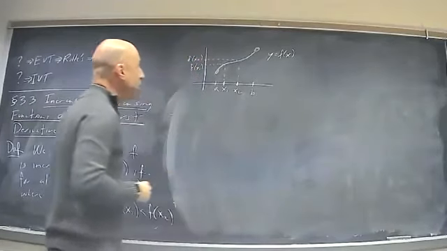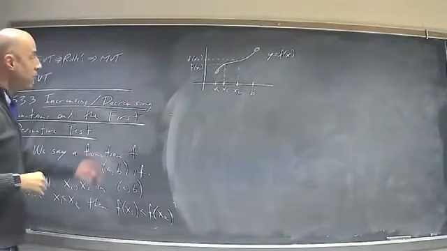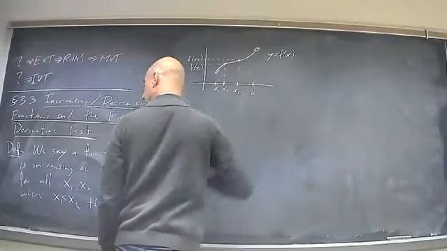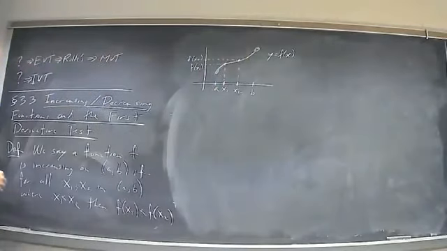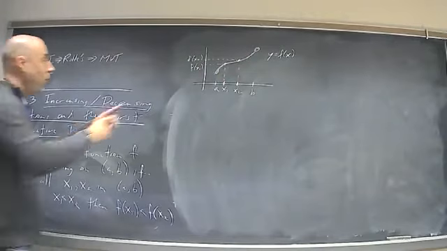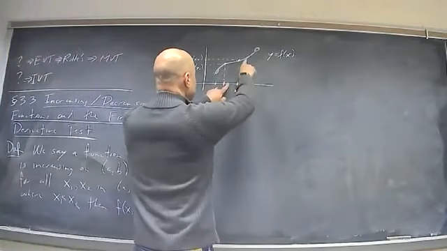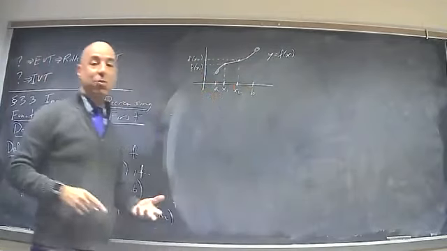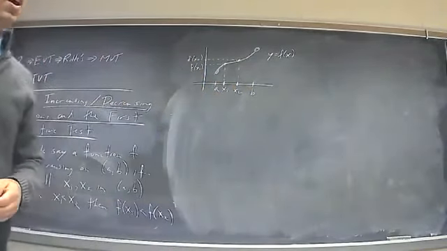No matter which 2 points you pick, the point on the right is higher than the point on the left. So it doesn't matter which 2 points I pick, the point on the right is always going to be higher than the point on the left. That's what makes this function increasing.